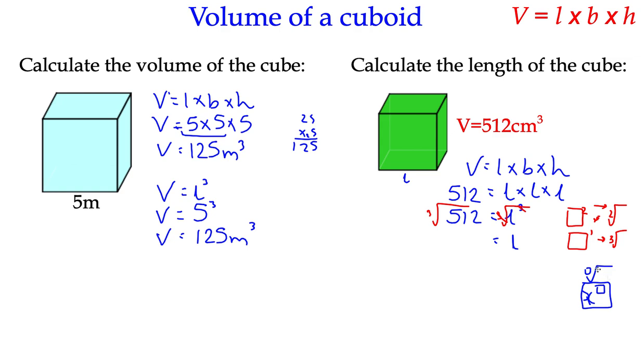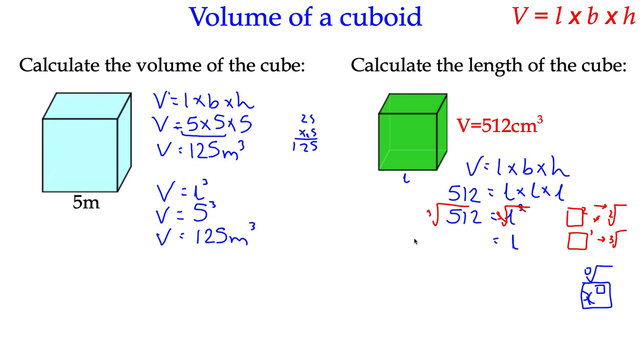And what we do is we just specify what root you want. So you would press shift and that button, and you'd have to do the 3 first of all, wouldn't you? 3 to give us the cube root of the number 512, and we'd end up with the number 8.